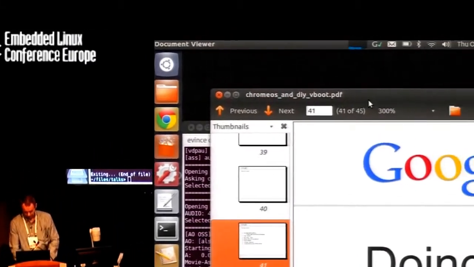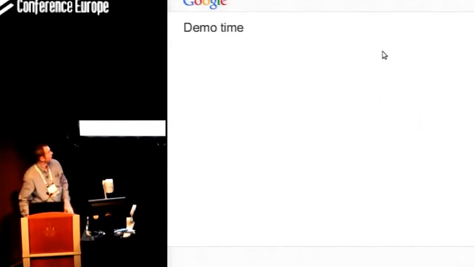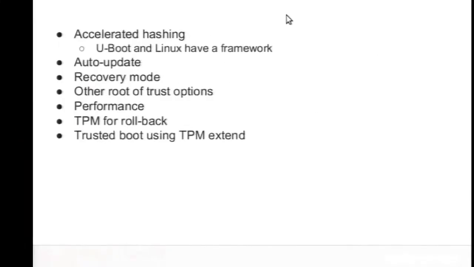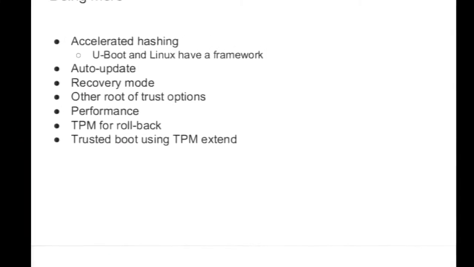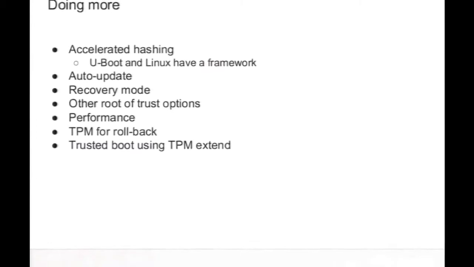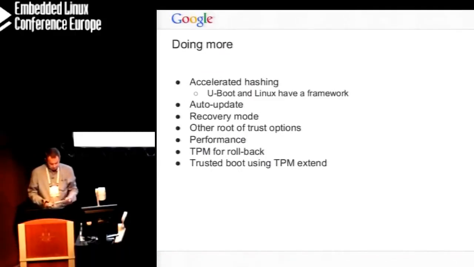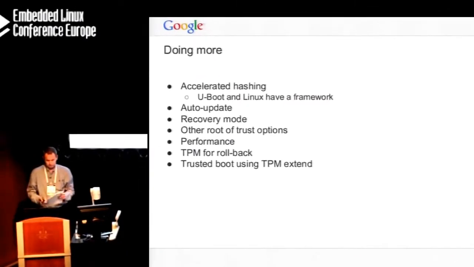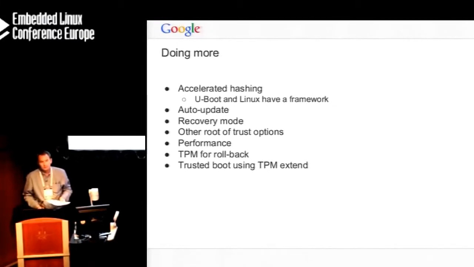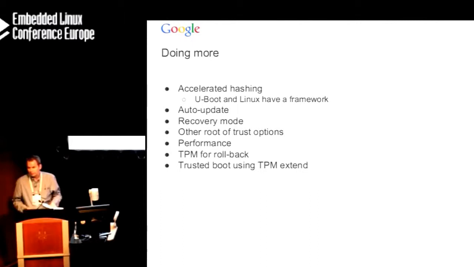Okay, I'm just going to go back to my slides. Some other things you can do. Many SoCs have accelerated hashing, so they allow you to do hashing very quickly using built-in hardware. You can use that.